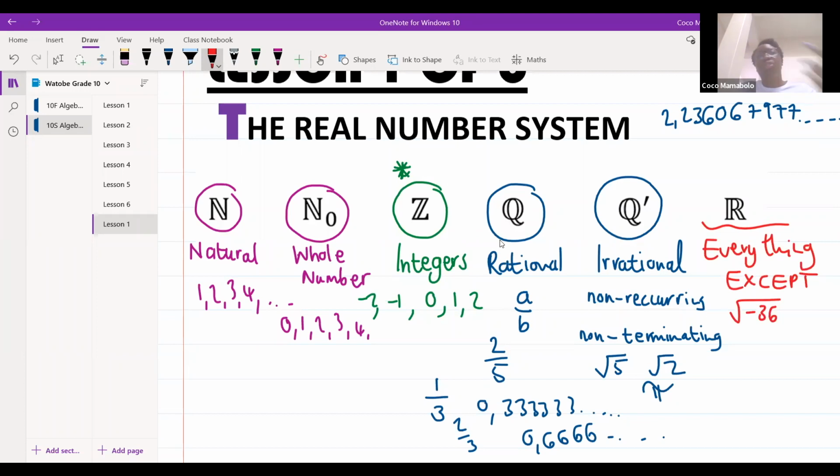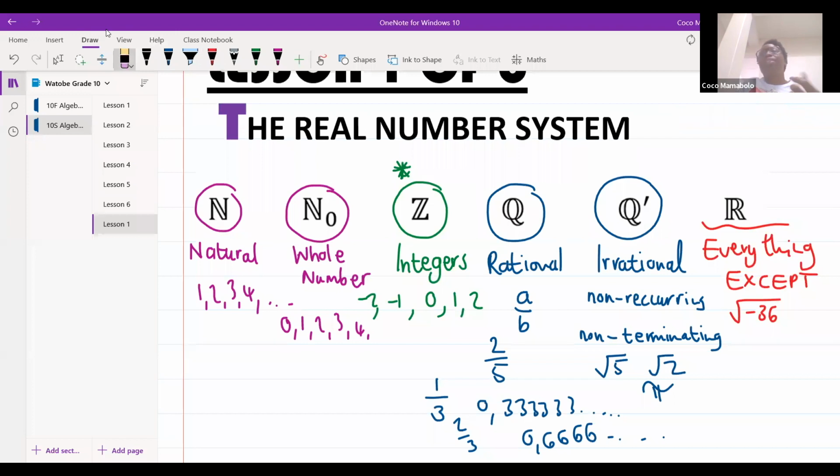I can't find the square root of -36. It's not a real number. It doesn't exist anywhere in natural, whole, irrational, rational, or integers. Or I can't find the 4th root of any negative number. So as long as it's an even root, like the square root, the 4th root, the 6th root, the 8th root, if I can't find it for whatever number, then it is non-real.